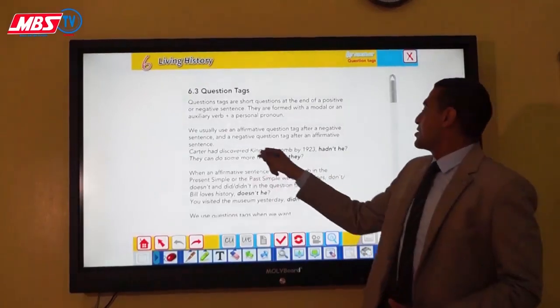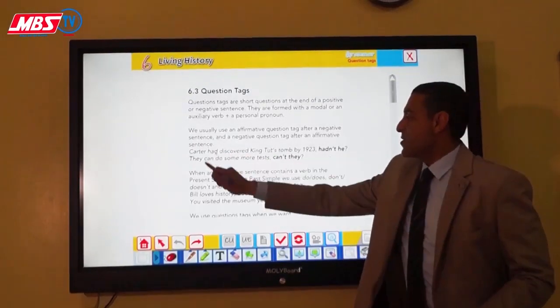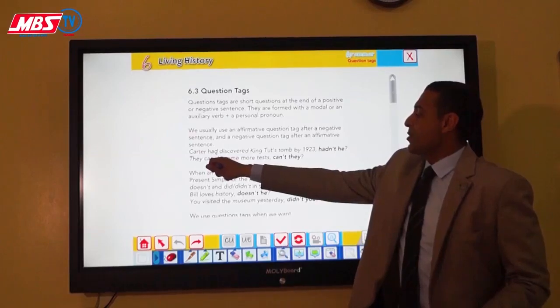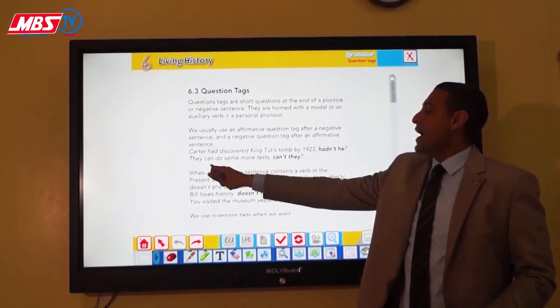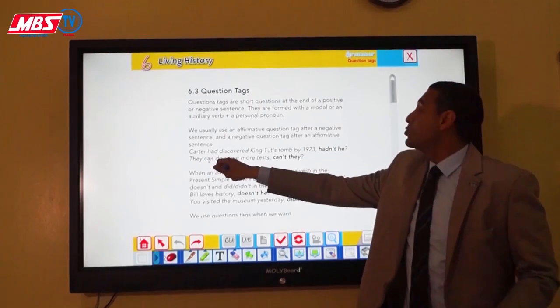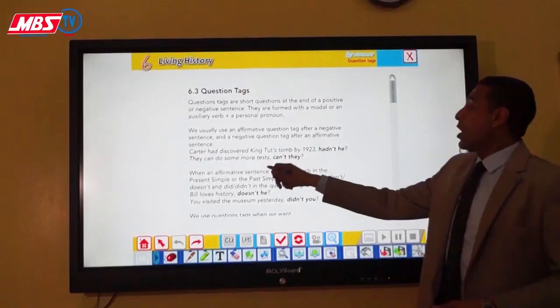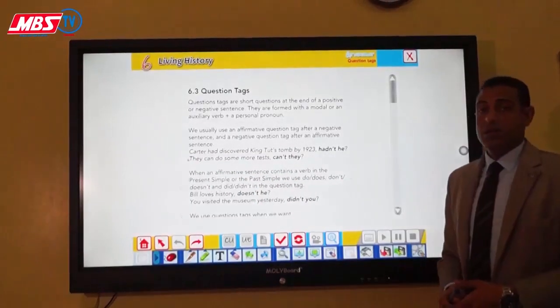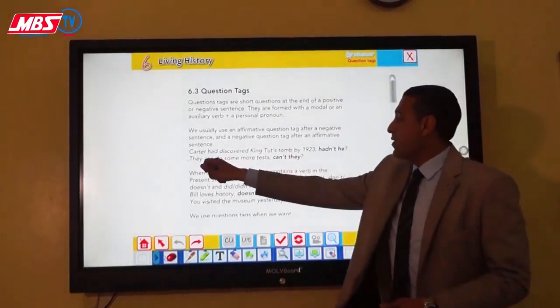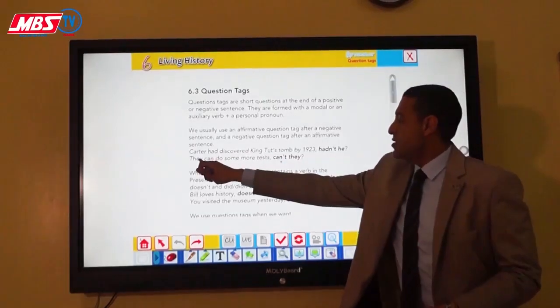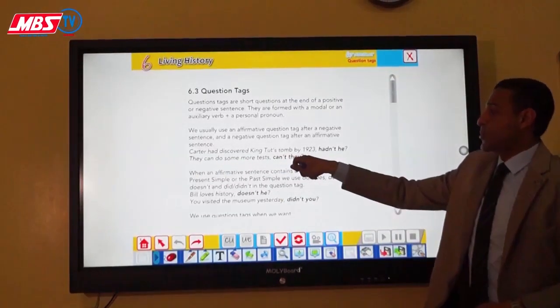In some sentences we have an auxiliary and it's clear, and in some sentences we have a modal and it's clear, like can, as you see. They can do some more tests, can't they? Can, can't. And they, this is the personal pronoun.